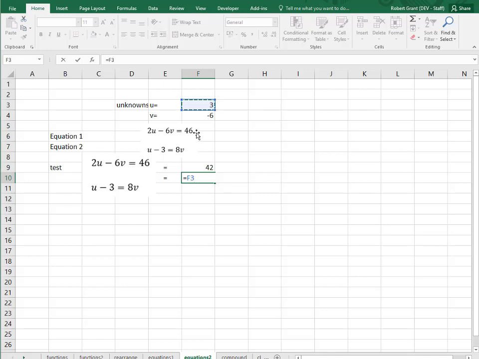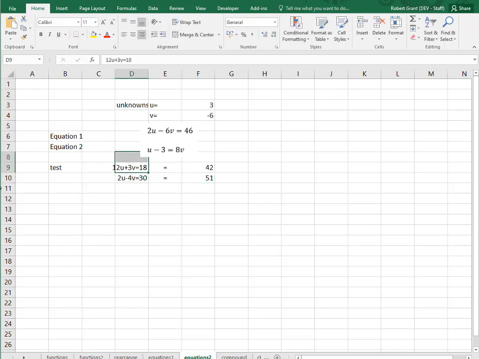Okay, I need to rearrange it. So it's u minus 8v equals 3. I need to rearrange the second equation so it's not quite so silly to have that there. So what you really want is to rearrange it.